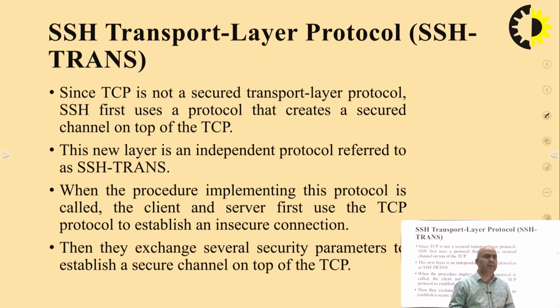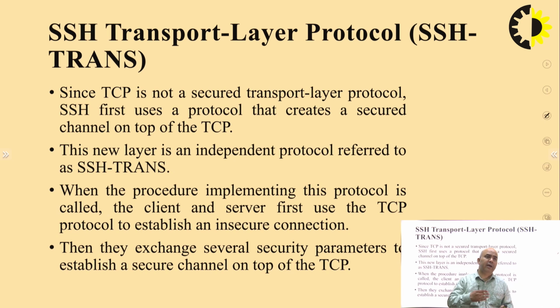Whenever this protocol is called by the client or server, first the TCP protocol establishes an insecure connection. It means whenever the client or server wants to communicate with each other, TCP will create an unsecured connection between them.